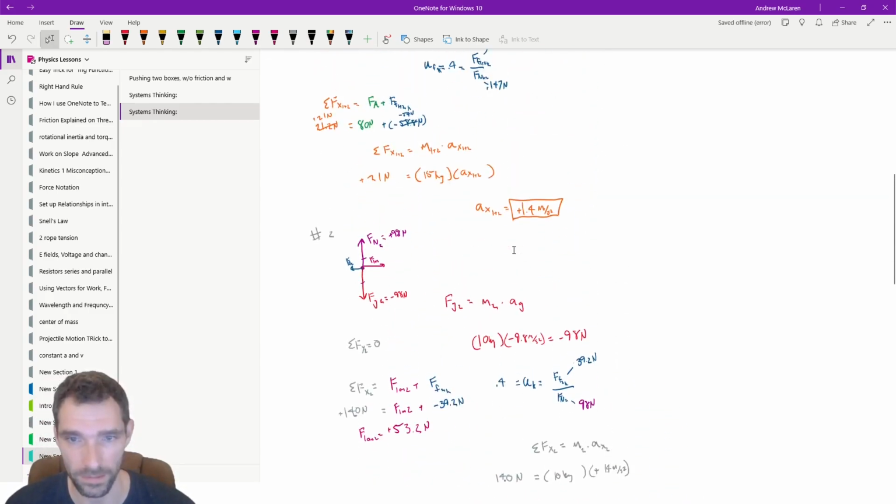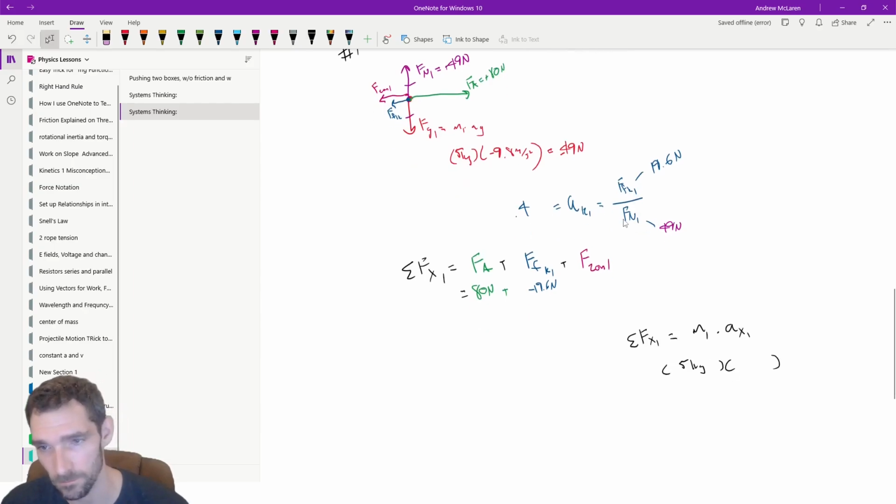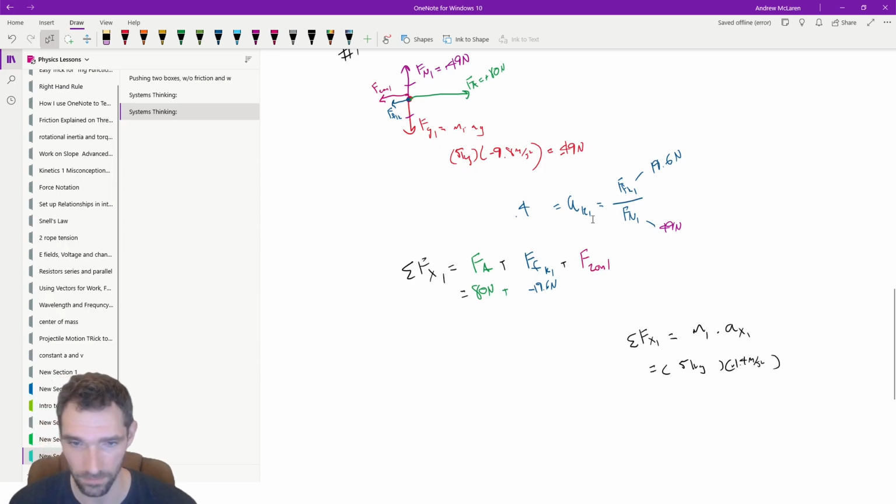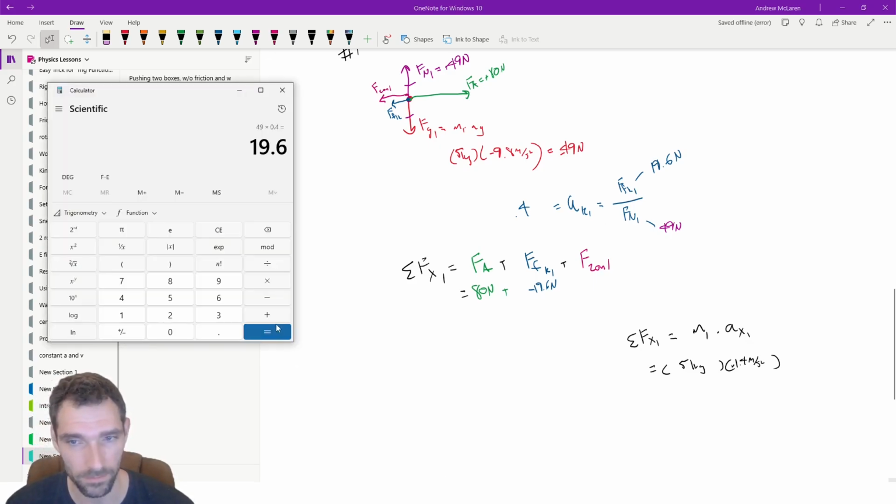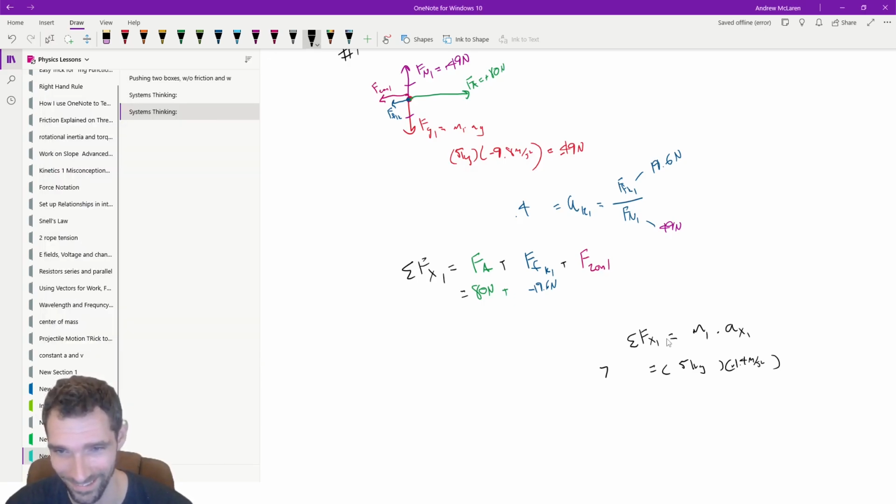And the overall acceleration that we're experiencing here for both objects is 1.4 meters per second squared. So we multiply those together, we get the sum of forces value for object 1. Okay, that's 7, nice and even. We've got 7 as our sum of forces value.